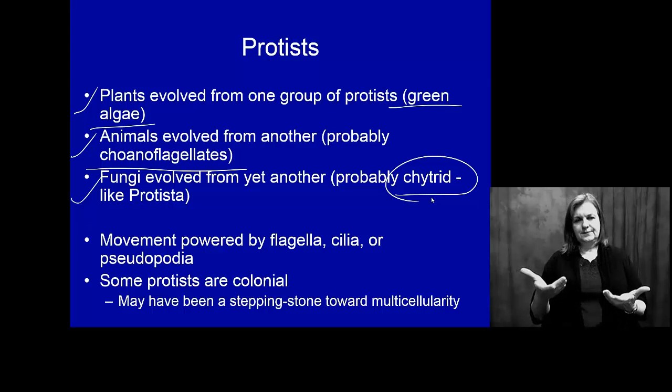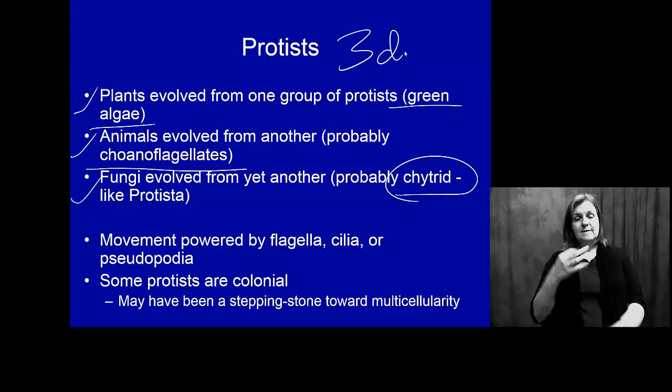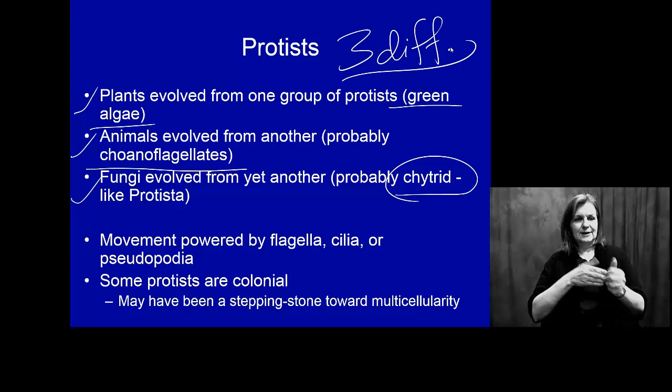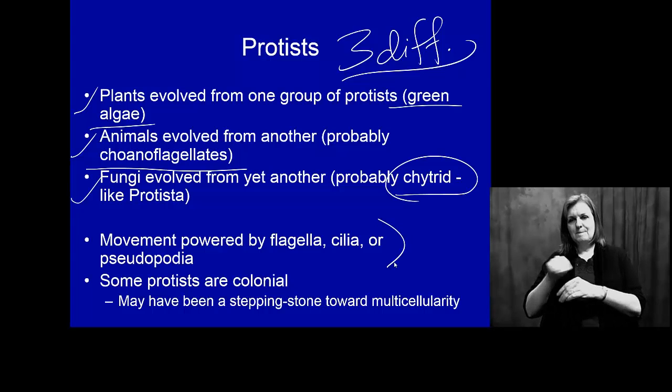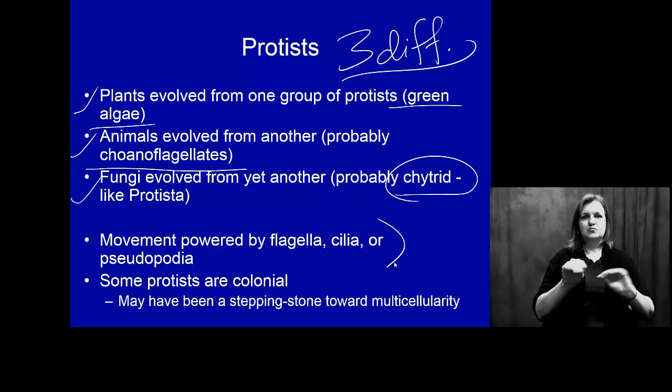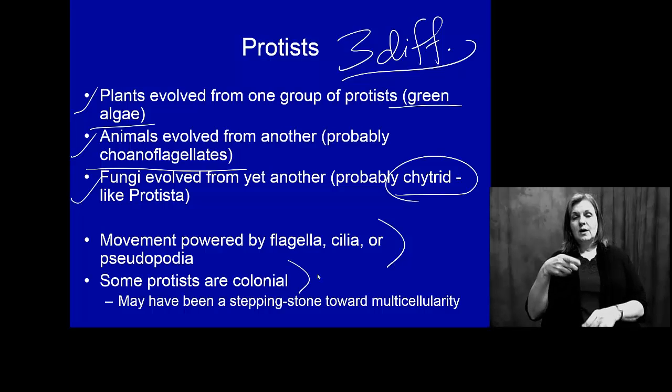Now, there are three different types of protists that we look at as giving rise to all these groups, but they're all still protists. So we have to look at them with some new structures. In bacteria, we don't talk a lot about organisms moving around. Protists move all over the place. Okay, we also look at protists as being colonial.